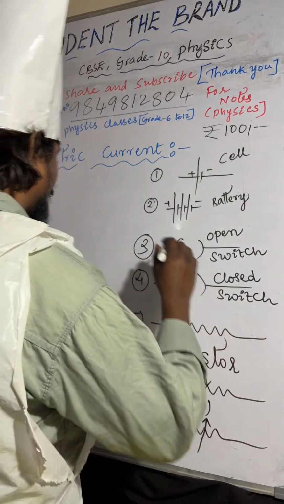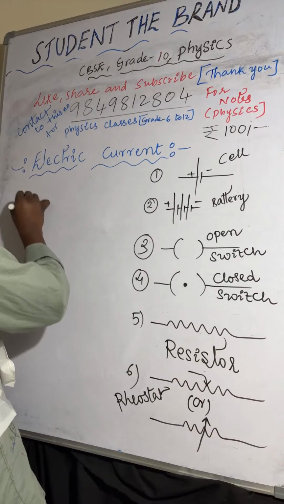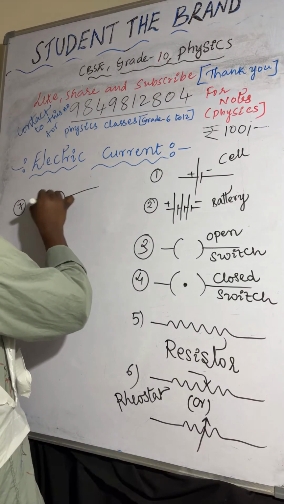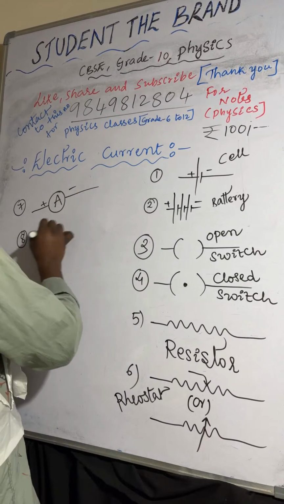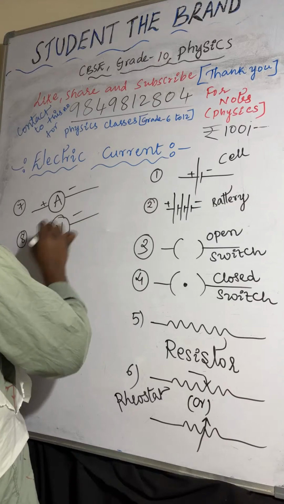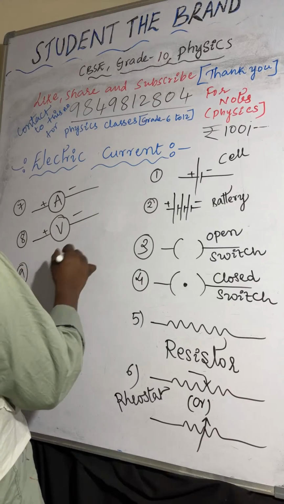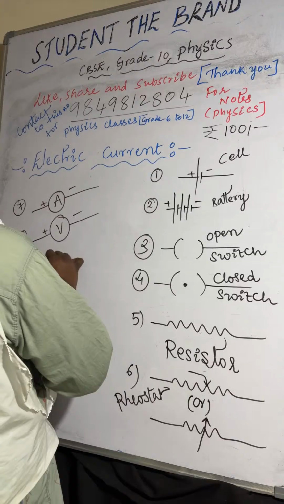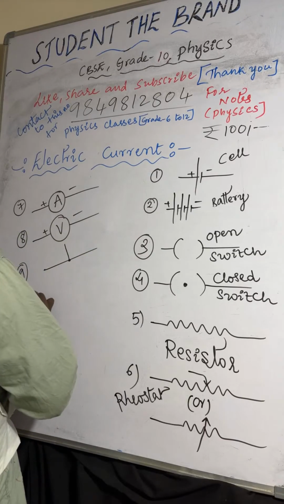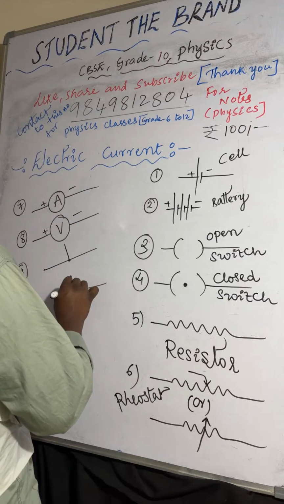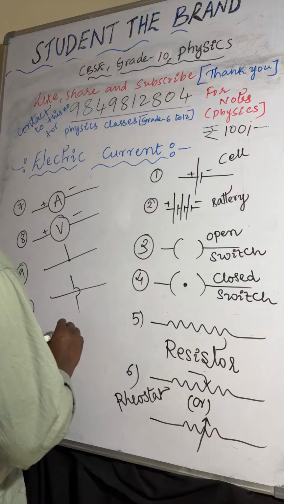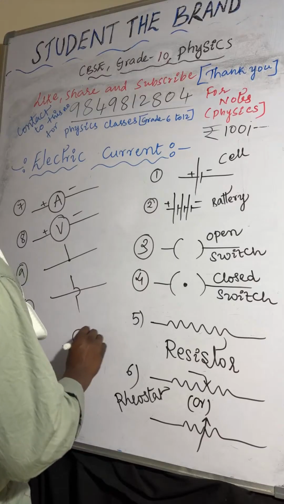So next one, seventh one is ammeter, and eighth one is voltmeter, positive terminal, negative terminal. Ninth is wire joining. The 10th one is wire crossing. The 11th one is bulb.